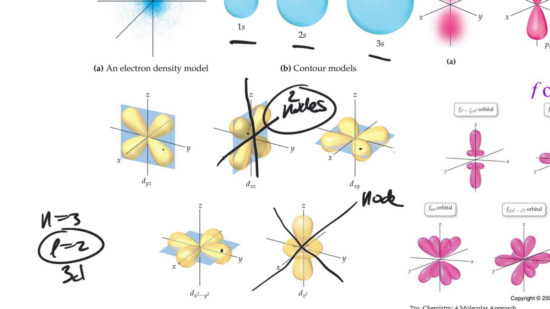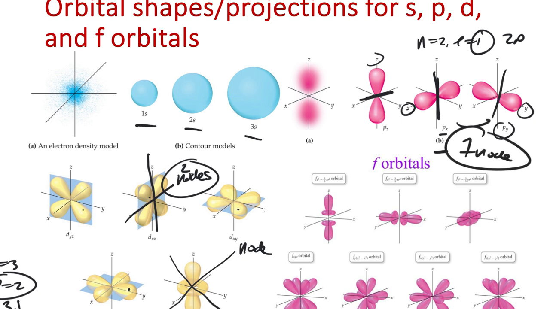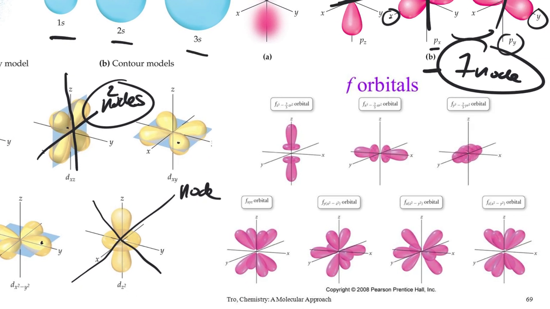So we get 2 nodes for these orbitals. If we look back at our p shape, there's 1 node, just 1 node from the L value of 1. And so we have 1 node through the nucleus of the atom for the p orbitals, 2 for the d orbitals, and then for the f orbitals, there's going to be 3.